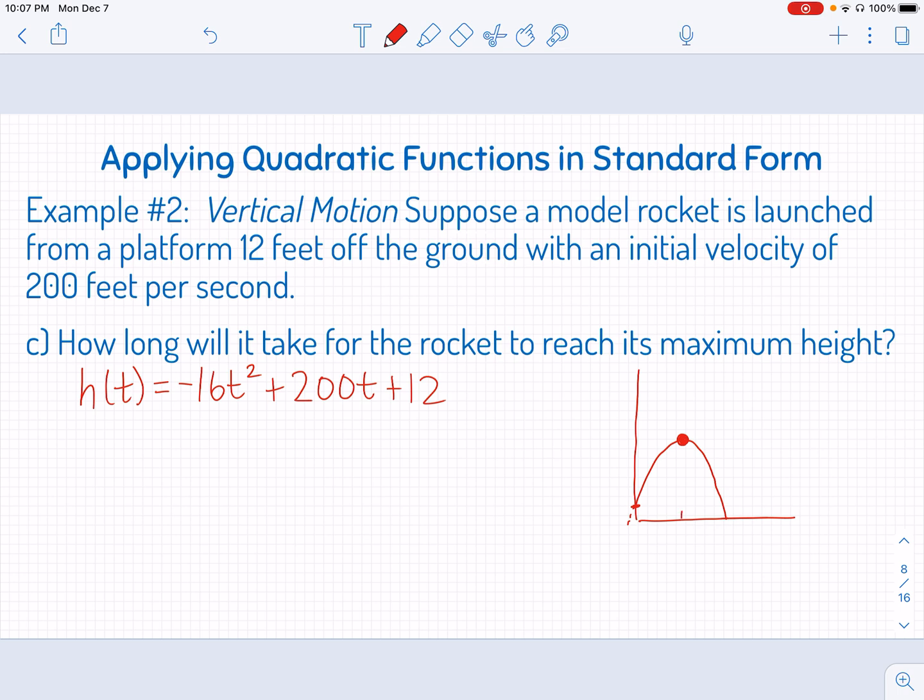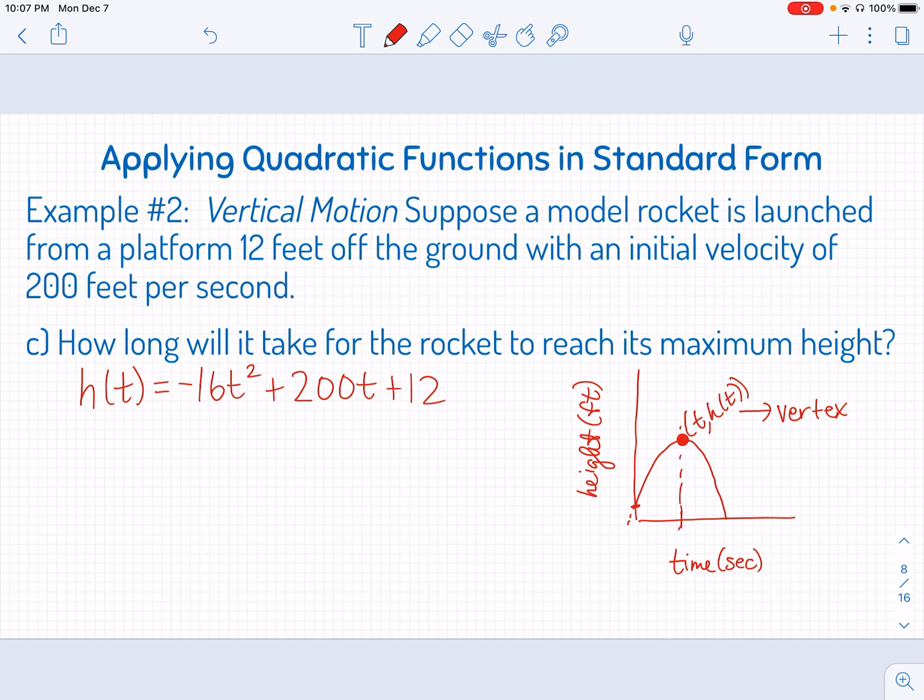This is time in terms of seconds, and this is height in terms of feet. So this little point here would be time and height. And we know this point, that's just a vertex. And this is just an axis of symmetry.